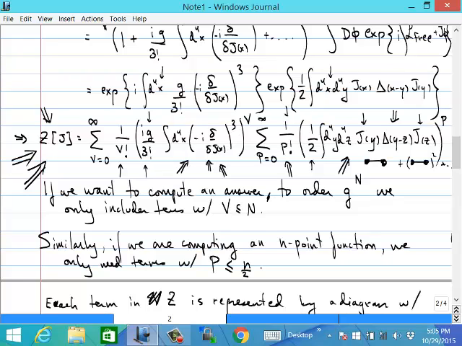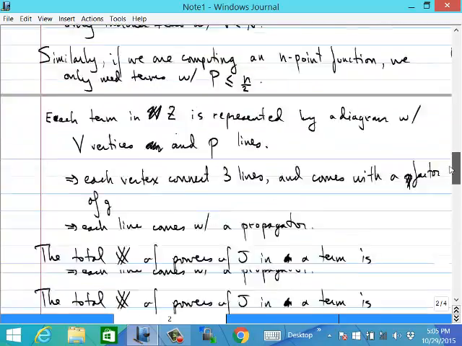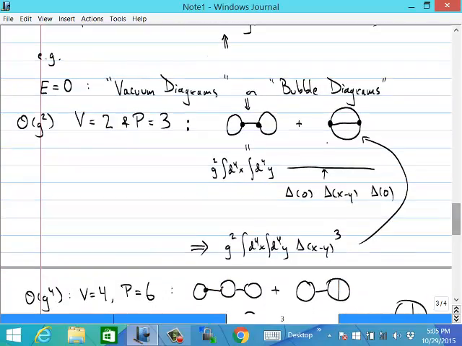So if this is a little bit confusing to you, just imagine expanding this all out explicitly to get a term, like let's say that you wanted to expand this out to get this term here. Okay, that is to say to get this term here in z. Well, you have to think about all the possible different ways you could get that term in the expansion of z. Okay, and there's lots and lots and lots of different ways.